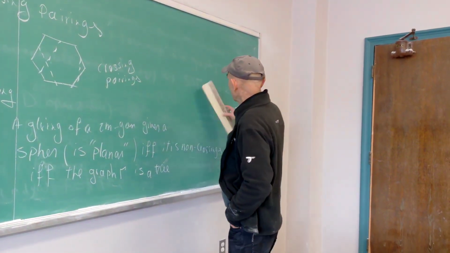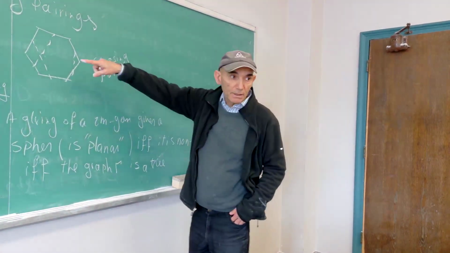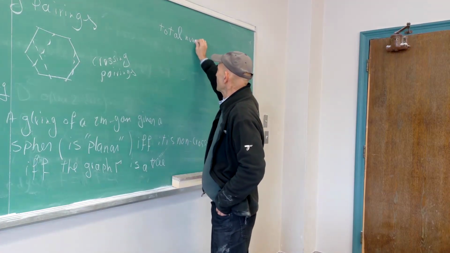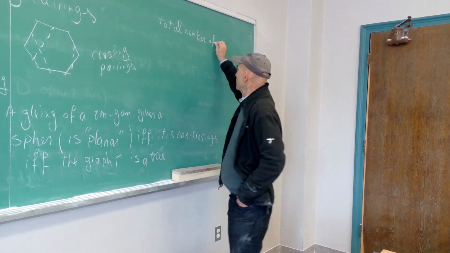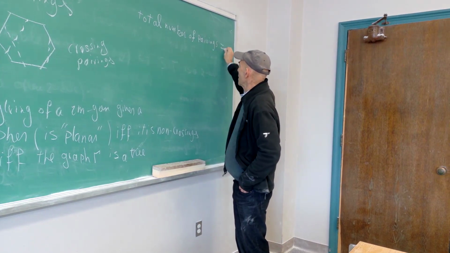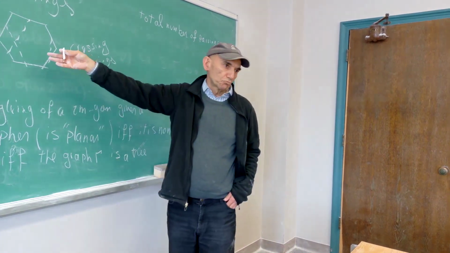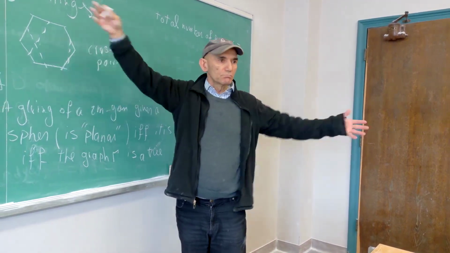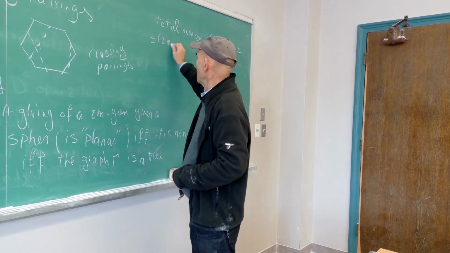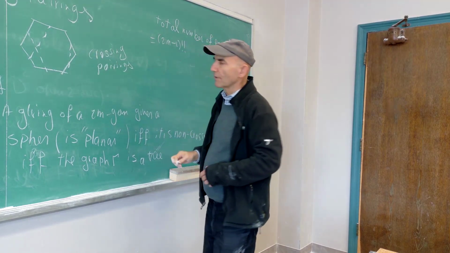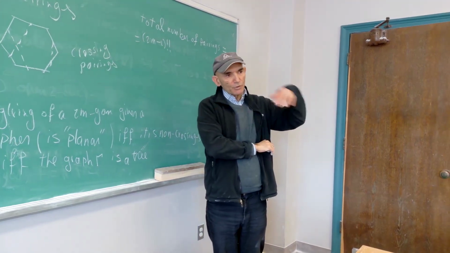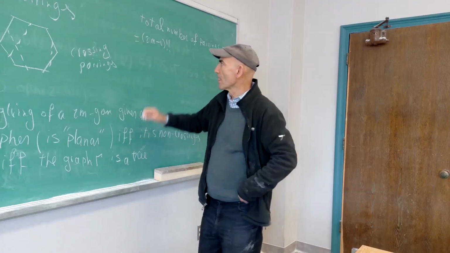So, of course, the total number of pairings is (2m-1) double factorial. This is what we saw for pairings always. And then there is a certain subset of pairings which gives us non-crossing.